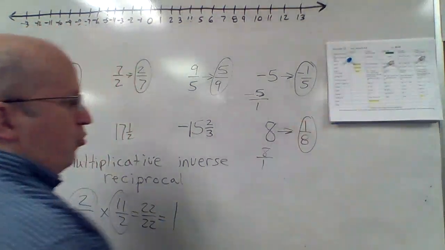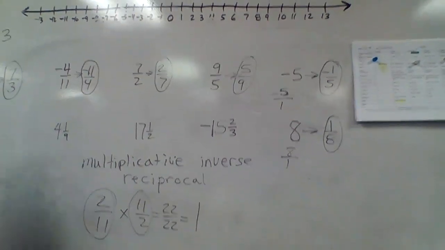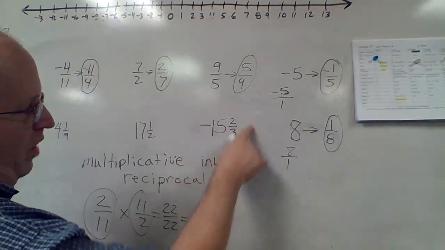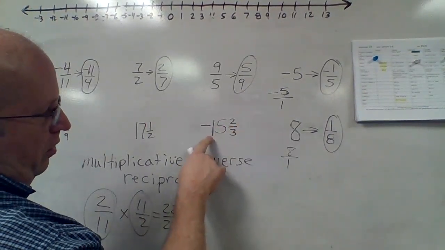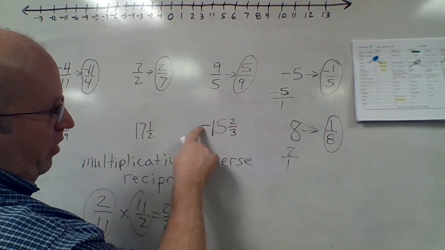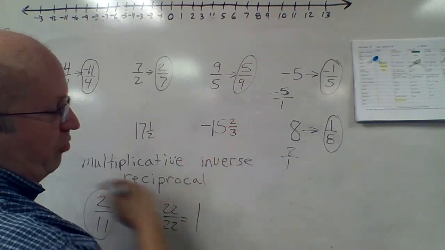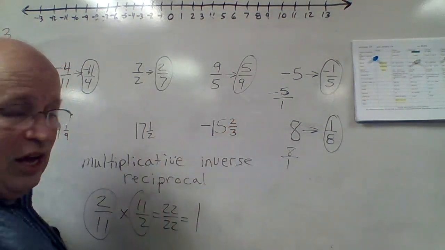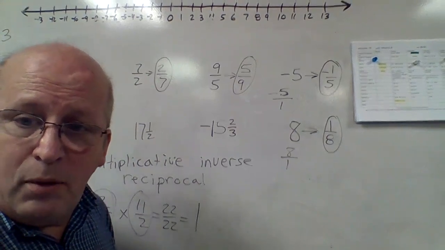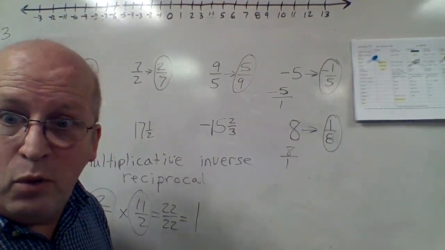Next one's a little bit trickier, but it shouldn't be too hard at all. Right now, we've got a mixed number. It's got the base number of -15 and a fraction of 2/3. What if I change this into a fraction? Do you remember how to do that? Way back in December, we talked about that.